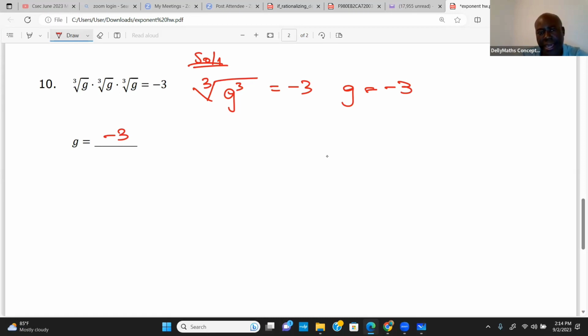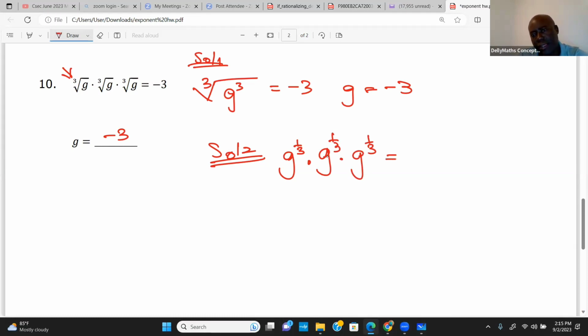What if I never felt like I wanted to do it that way? Solution 2 is to convert the radical into rational exponents. For example, this is the same as g to the third, times g to the third, times g to the third, and it is said that this is equal to -3.